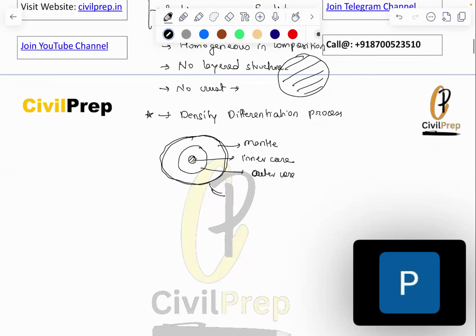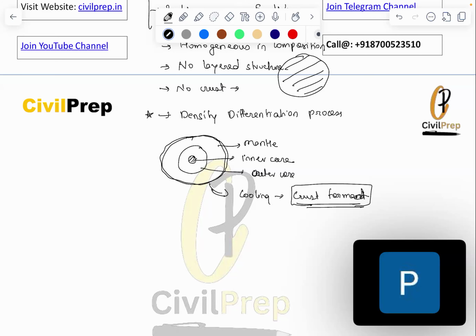Because of the cooling, the crust formed. This is the second part, where the crust formation is explained.